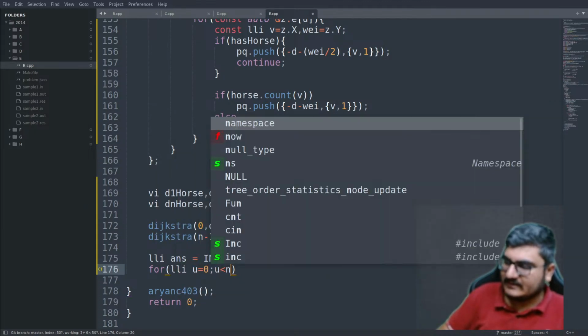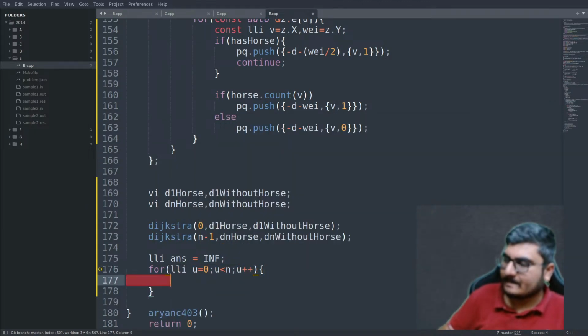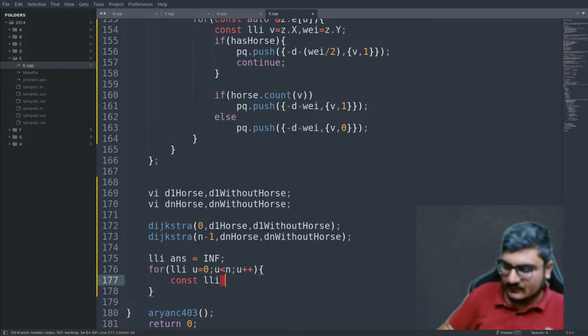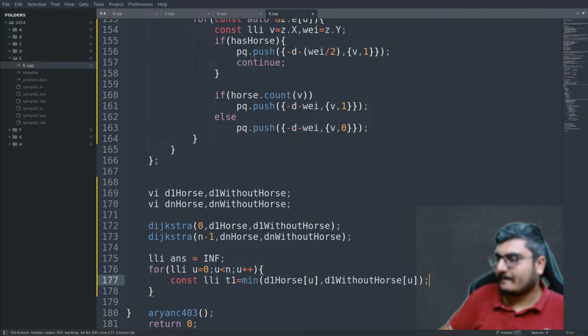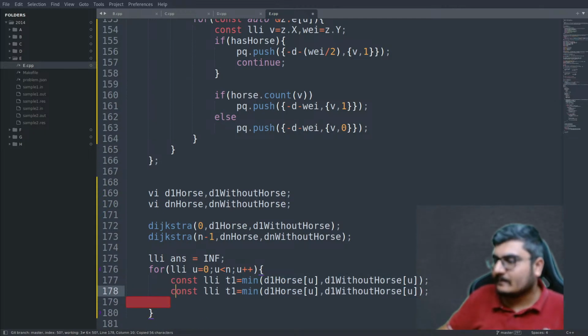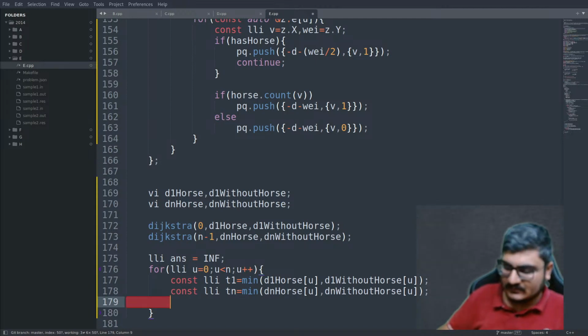Meeting point: iterate on the meeting point. The time from u to 1 to reach here would be D1 with the horse or D1 without a horse, and Dn also with and without a horse.